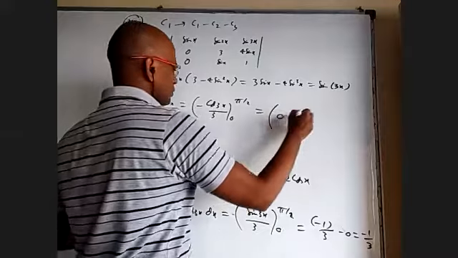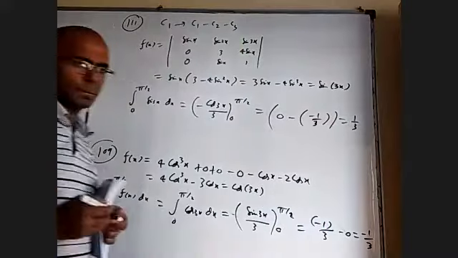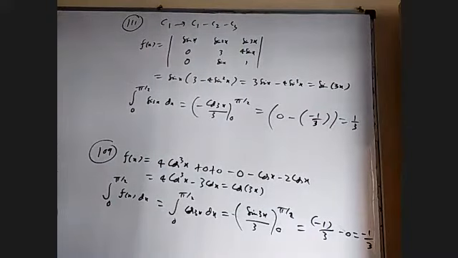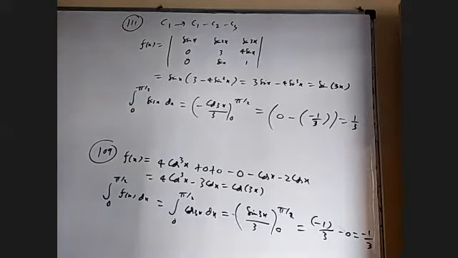When I put pi by 2 it is 0, when I put 0 it is minus 1 by 3, so this will be plus 1 by 3. Okay, after this we are going to discuss one important concept.